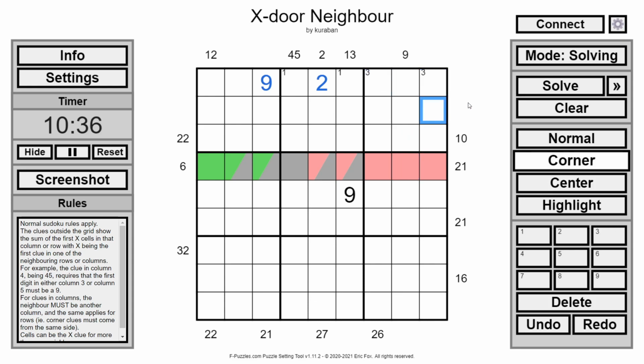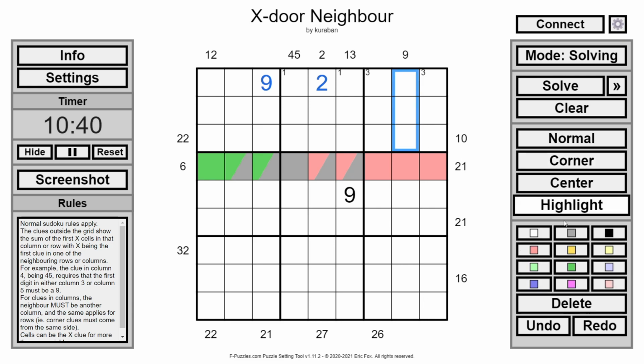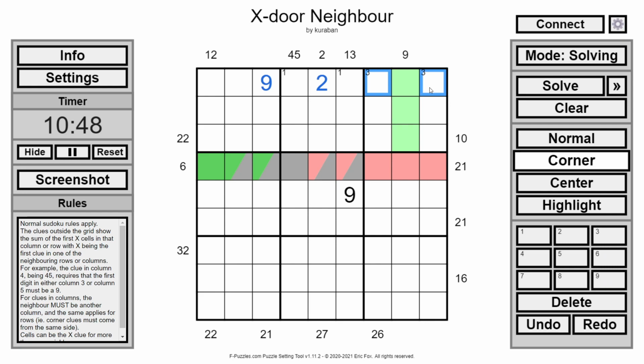So this is 3. One of these is a 3, which means these 3 are the cells. Let's make this green. These 3 are the cells, and it doesn't have a 3 in it. Therefore, it must be 1, 2, 6. We already have the 1 and 2, so this is a 6. This is a 1, 2. Okay, there we go. We got another digit. That's nice.